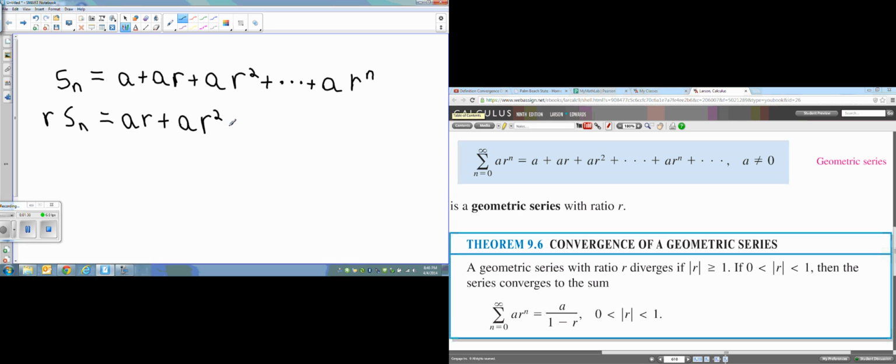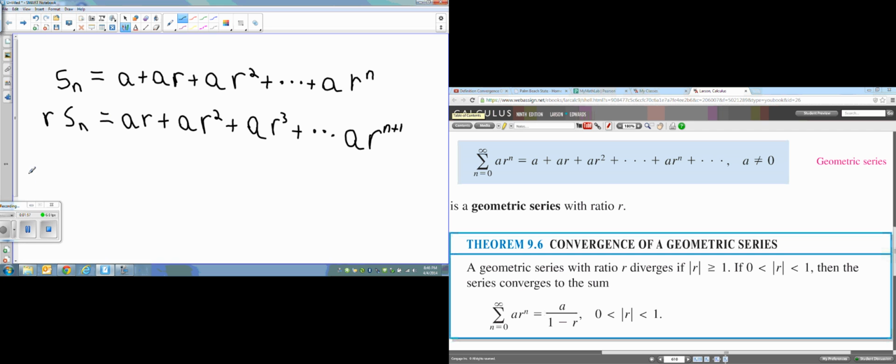This term when you multiply it by r, you get a times r cubed. And then you continue on like that, all the way up till this term, which would be a times r to the nth. And when you multiply r to the nth by r, you get r to the n plus 1. So you get this when you multiply r by the nth term.